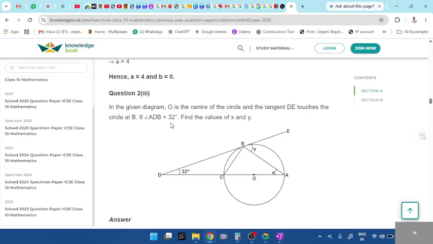Be quick. O is the center, AC is the diameter.